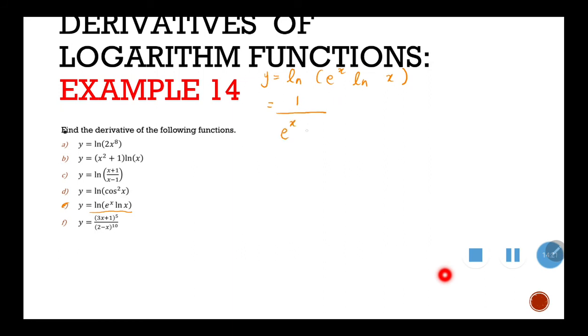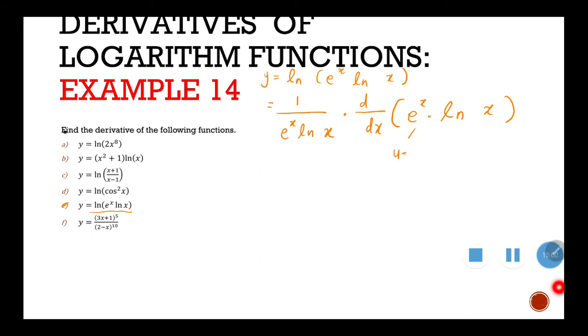Okay, 1 over e^x ln x times the d/dx of whatever function is in the bracket, e^x ln x. Okay, this part settled, this part not settled yet. You have to derive this function e^x ln x. Okay, so there are two functions close together here. Now remember, what formula should you use? We should use the uv prime plus vu prime, right?